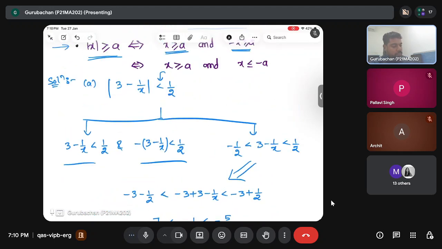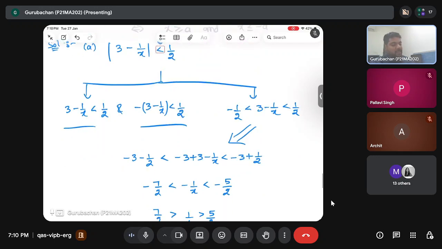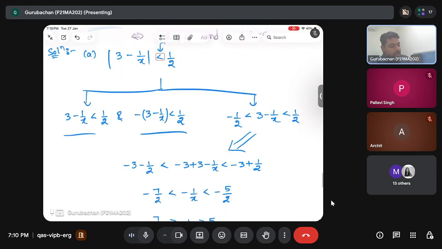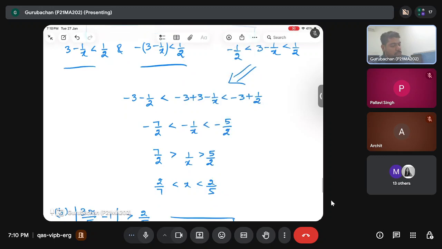While if you talk about this one here, if you solve it explicitly, what will you get? Let us do it here also.